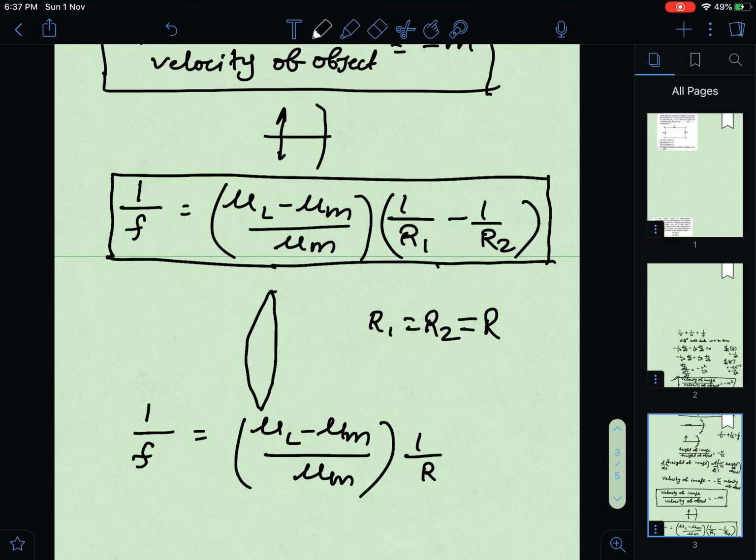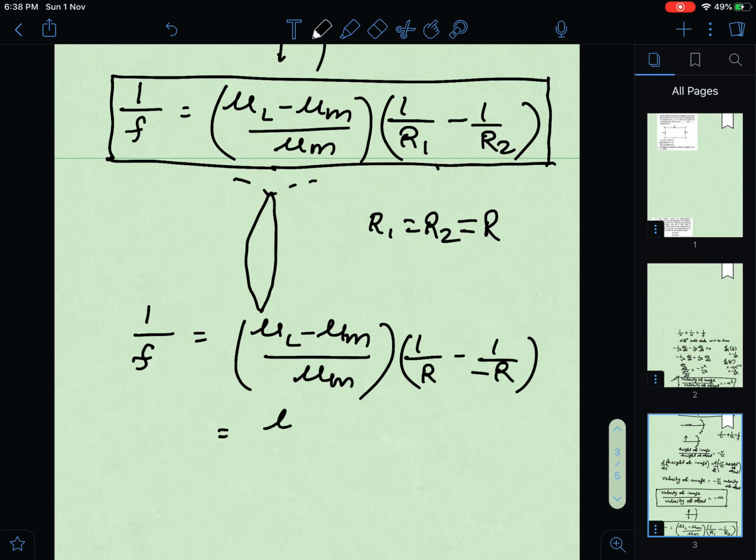If focal length is taken positive, then for this one the radius of curvature will be minus, so 1 by minus r. So this becomes (mu l minus mu m) upon mu m into 2 by r.